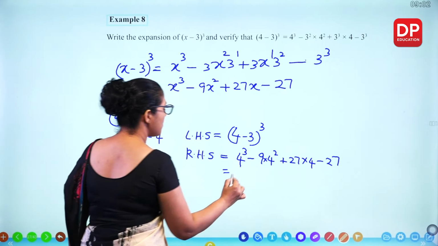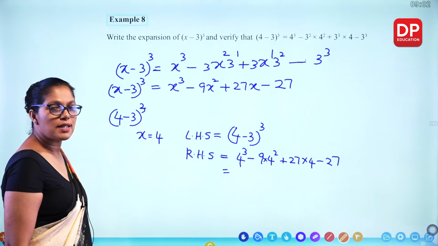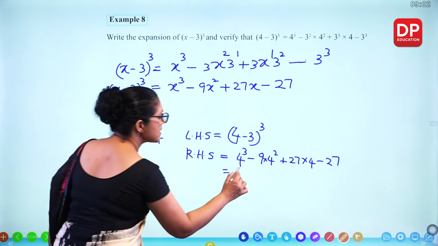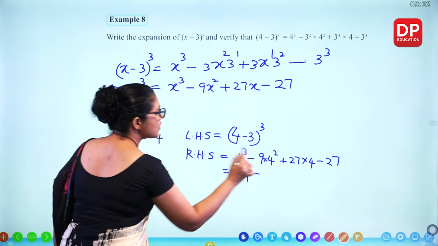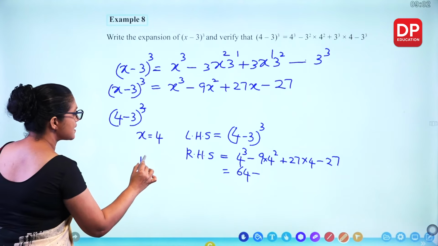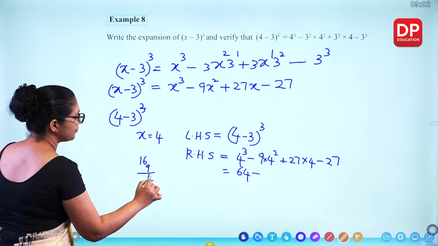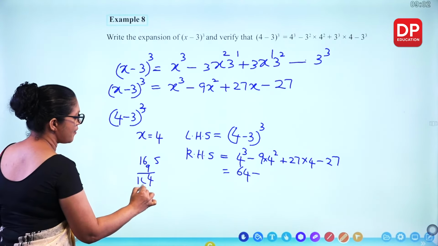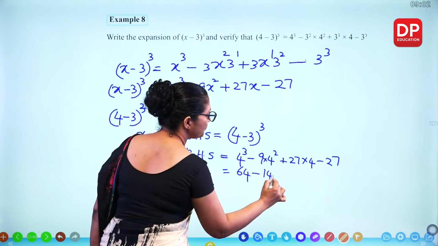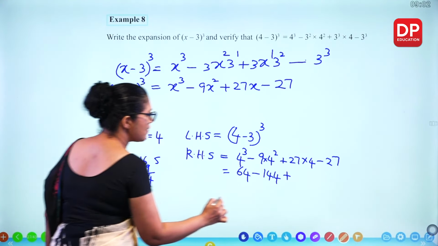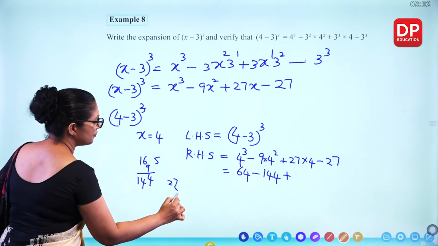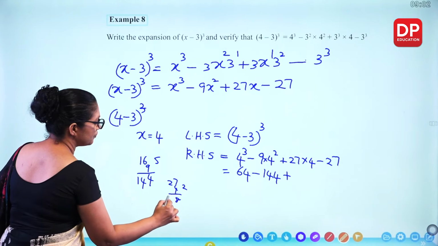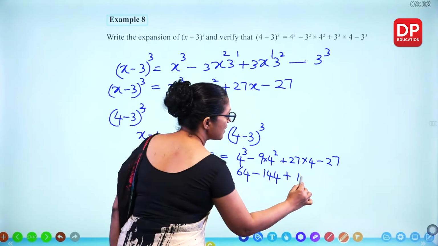Now we'll simplify. 4 times 4, 16. 16 times 4, 64. 4 times 4, 16. 16 times 9, 144. 27 times 4, 108.